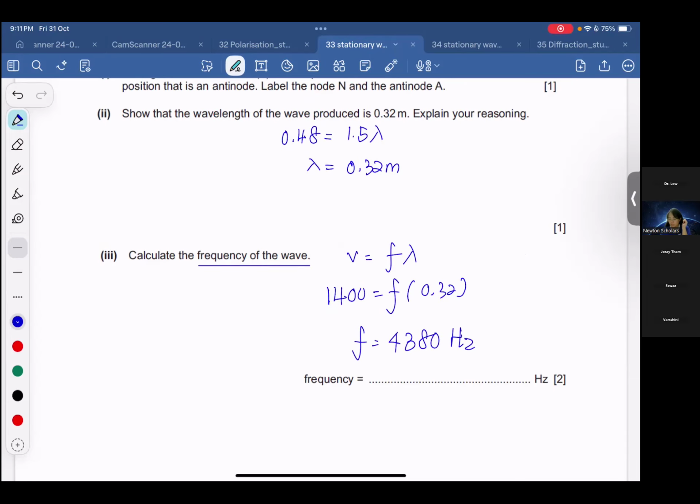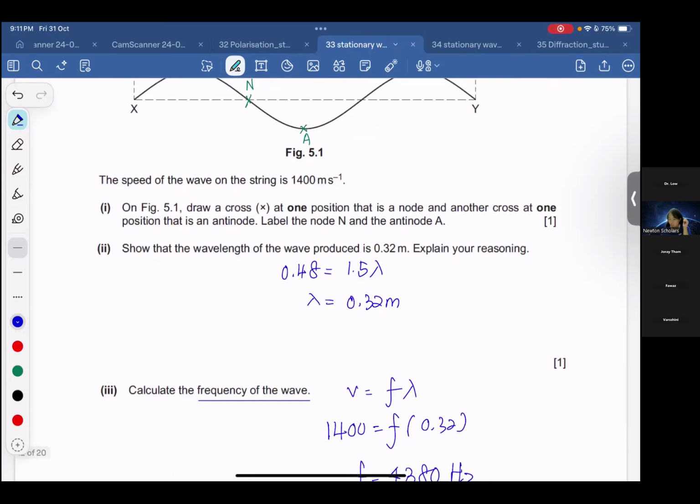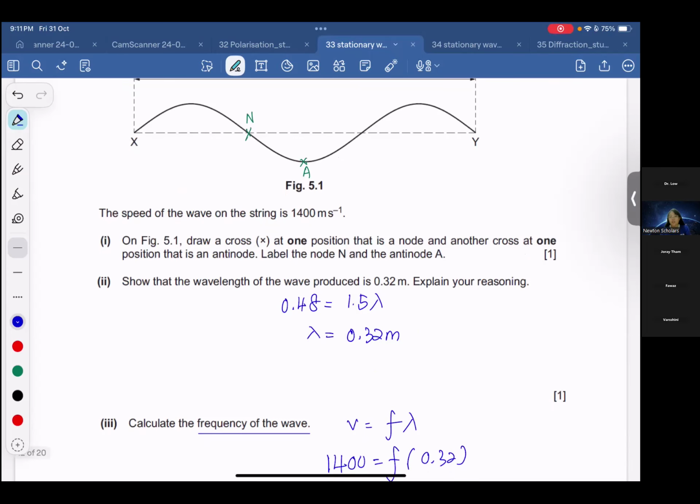We already show the answer, explaining the reasoning. We show that the length 0.48 is actually 3 over 2 wavelength. Actually, our working steps already explain how we get the 0.32, so that is fine.